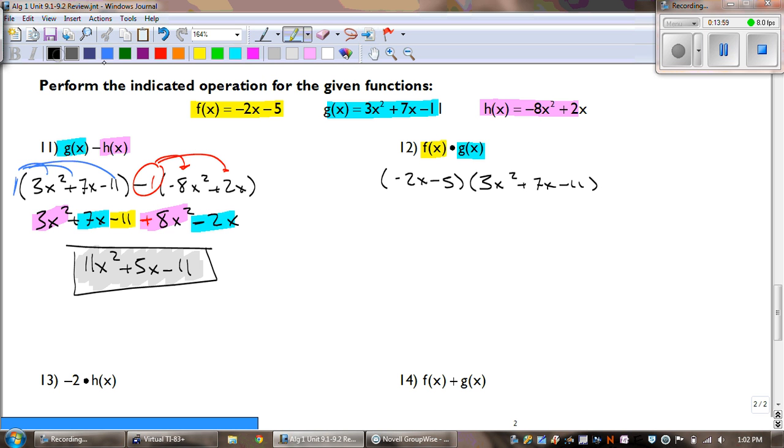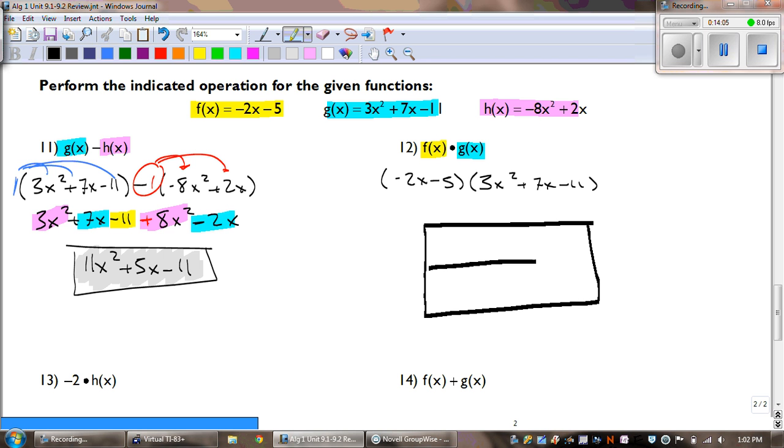Now when I do this, I'm going to use the box method just because it helps me stay organized. So I have a binomial times a trinomial, okay? My -2x minus 5 go on the left, and then 3x squared plus 7x minus 11. And then we just start multiplying.